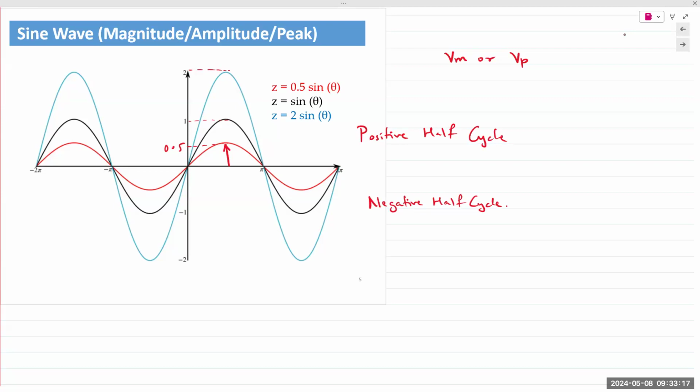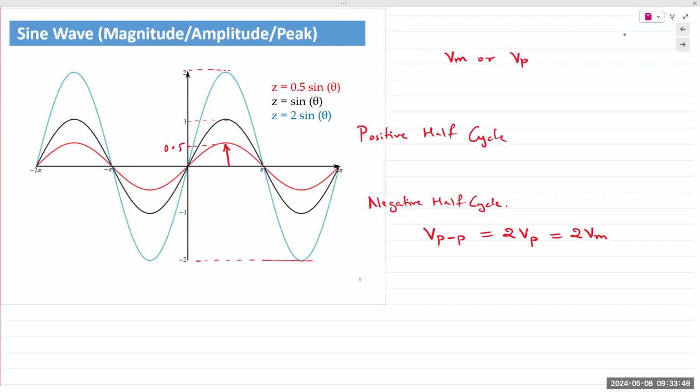If you actually wish to describe the complete waveform, you would use a term called P-P. It'll be 2 times Vp or 2 times Vm. I want to note that most books would use a subscript of P for peak, but the book that I'm using uses M for magnitude, but they're the exact same thing.